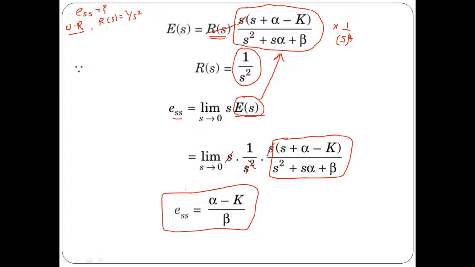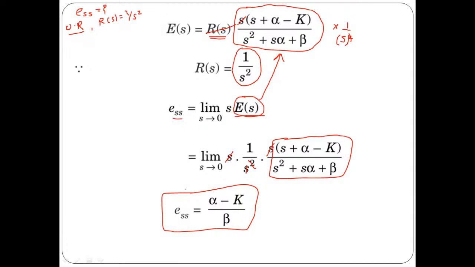It may be type 0, type 1, type 2, type 3, and so on, and then apply proper logic. Think twice before applying a logic to calculate the value of error coefficient followed by steady state error. Once you have decided, apply that logic and get the answers. The thing is that you need to solve only limits. That's it. Limit s tends to 0 for different types of conditions.